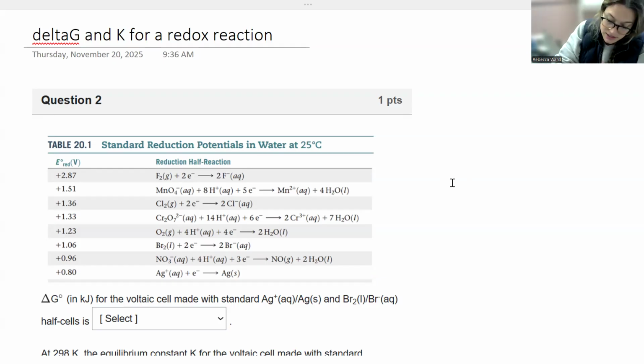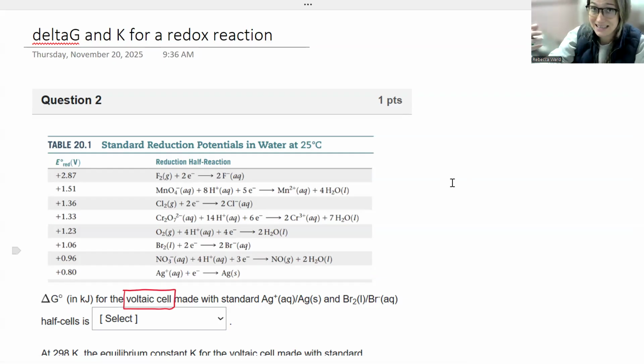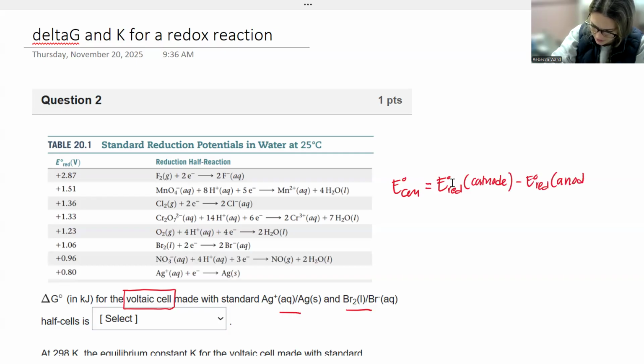So the key here is that we're told this is a voltaic cell. That already tells us it's a spontaneous process and that E cell must be positive. So I should combine these two such that E cell is positive: the standard reduction potential of the cathode minus the standard reduction potential of the anode.